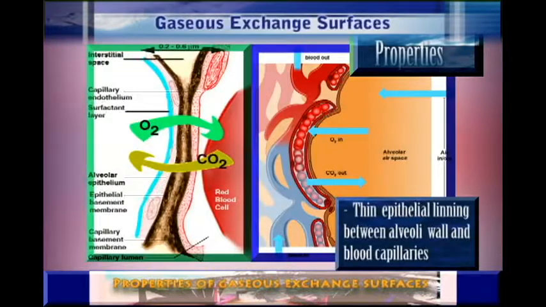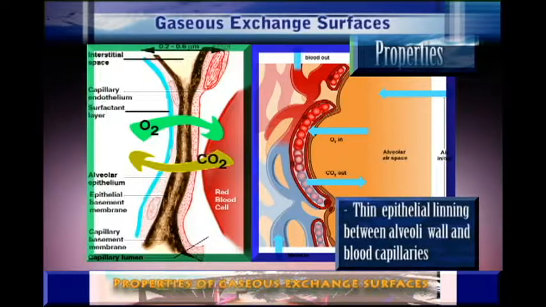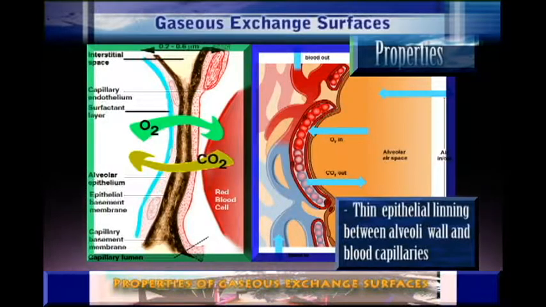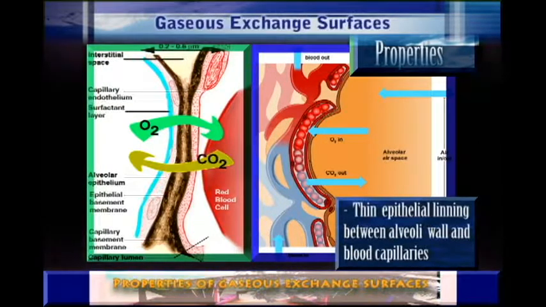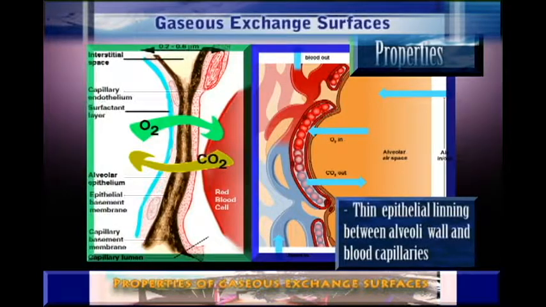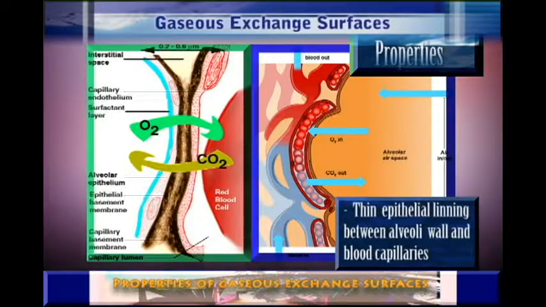And then the layer between the blood capillary and the alveoli is very thin, meaning that it facilitates the passage of gases across the membrane.